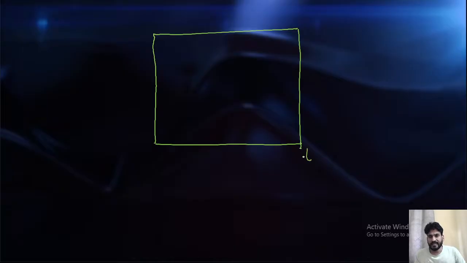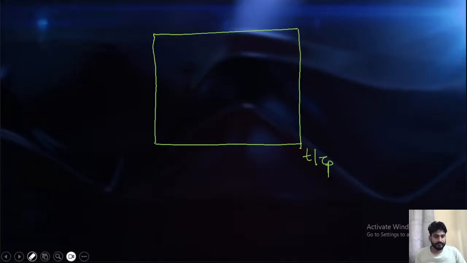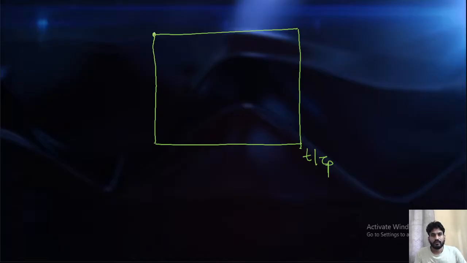This x axis is my t divided by tau p, and this axis is my y(t). So what is the ultimate value of response? A KP. So this is my A KP, guys, right?